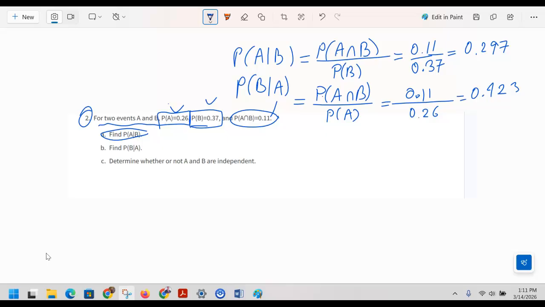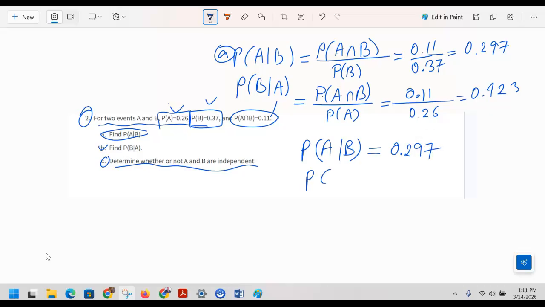Next question is the C part. Are they independent? How do we know this? First, the probability of A when B occurred is 0.297, and the probability of just A, you can see here, is 0.26.